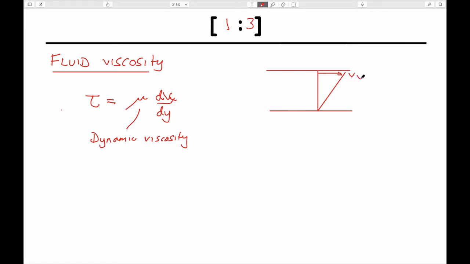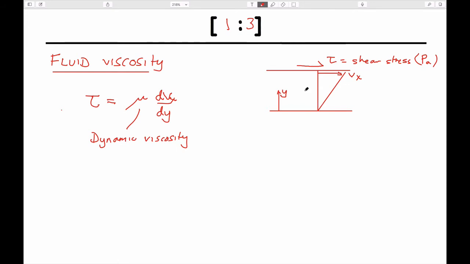This is velocity in the x direction. This is by shearing a top plate with some stress attached to it. This is called a shear stress, and it's in pascals, newtons per meter squared. This is velocity. And this is the y direction.